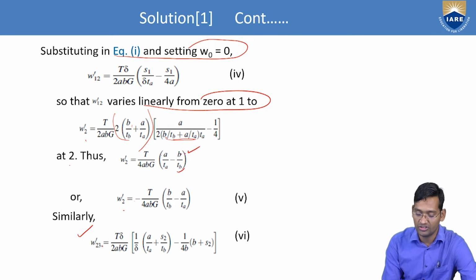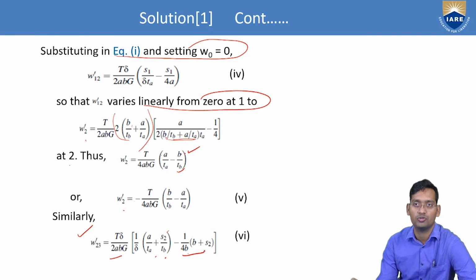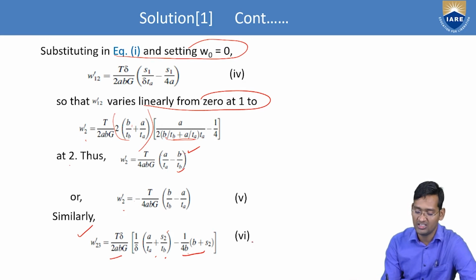Now just see, S1 was there for 1 to 2; 2 to 3 is S2, so S2 by TB. So T delta by 2AG into 1 by delta, you can substitute the value of delta also, 1 by A by TA plus S2 by TB minus 1 by 4B plus S2. So this is for W dash 2, 3.